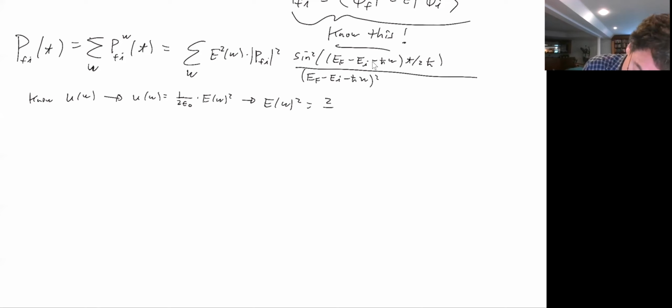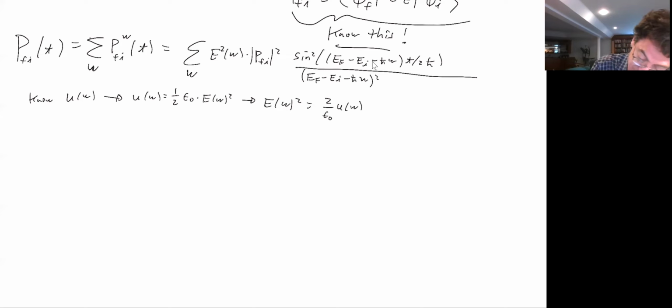Whoops, I got this formula wrong. It's equal to 1/2 epsilon naught E of omega squared. So E of omega squared is equal to 2 over epsilon naught U of omega. All right, just a little formula.